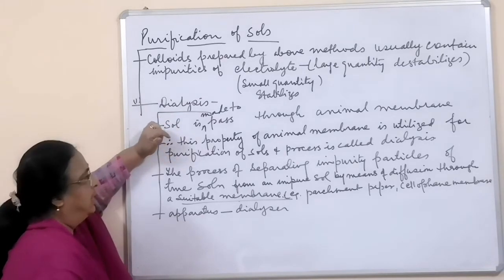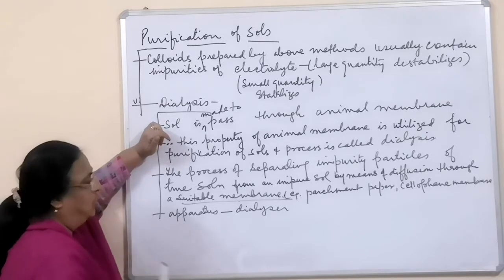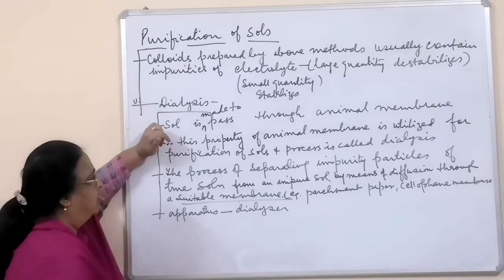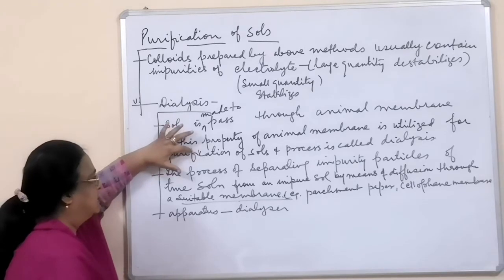This property of the animal membrane, that it retains your sol particles but allows your impurities to move out, that process is called dialysis.